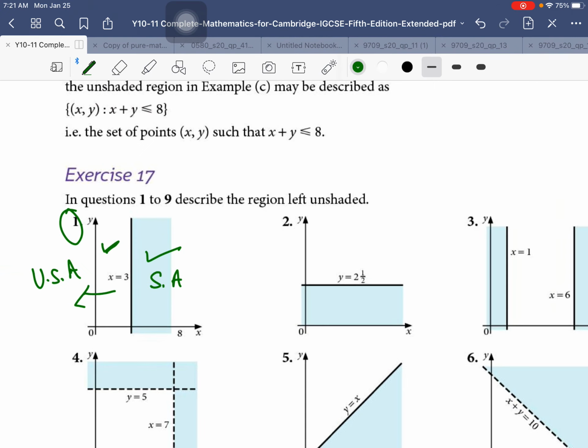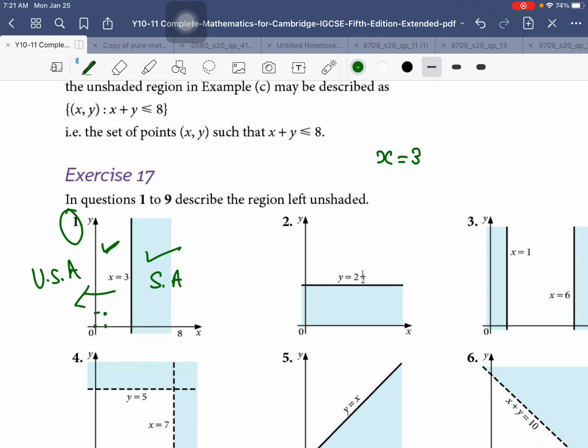To do that, we write here x equal to 3. We consider a point in the unshaded area. Any point, we can take this point as 0, 0, or suppose this is 1, I can take the point 1, 1. So we can consider any point.